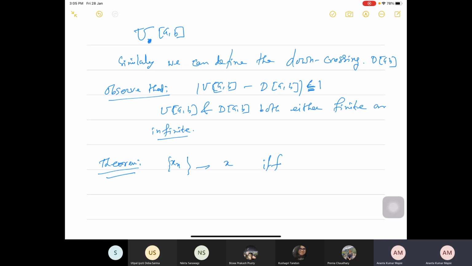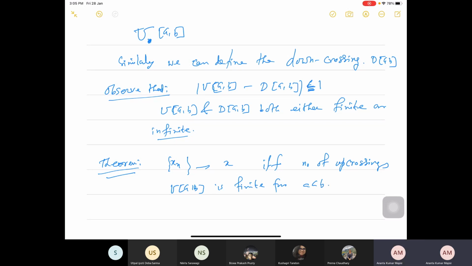if the number of up crossings U_AB is finite for all a less than b.